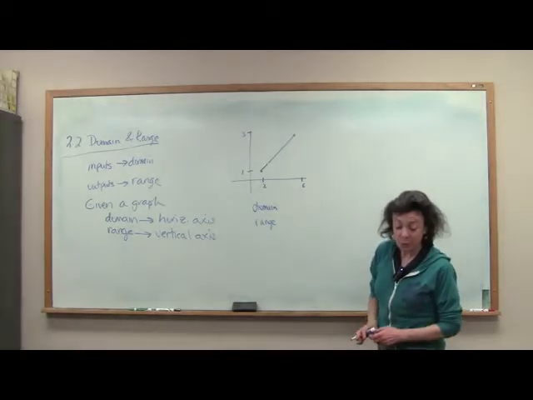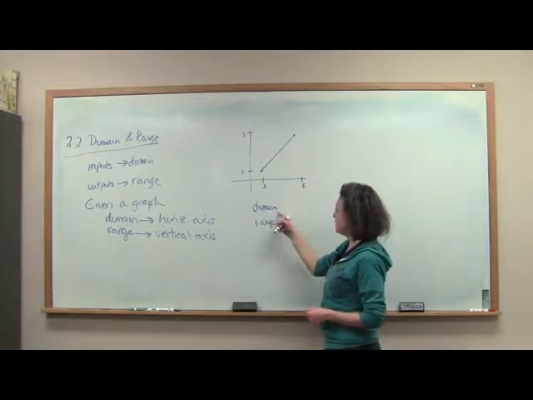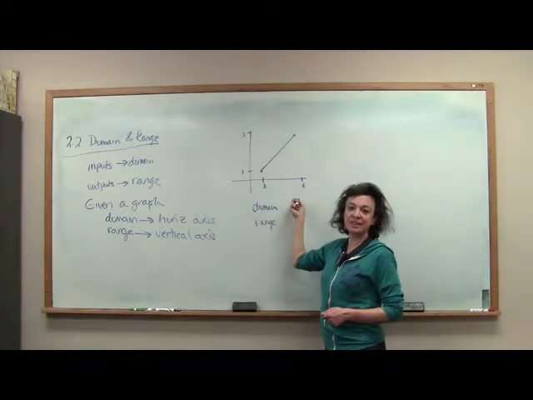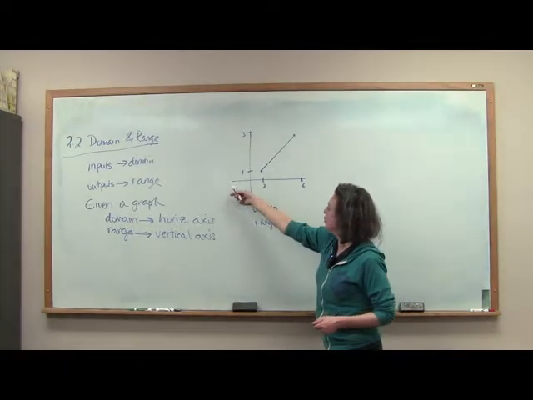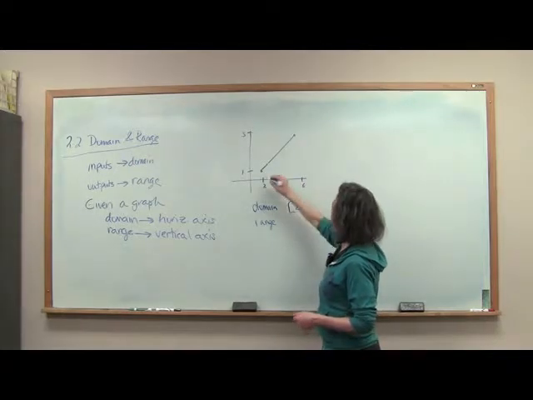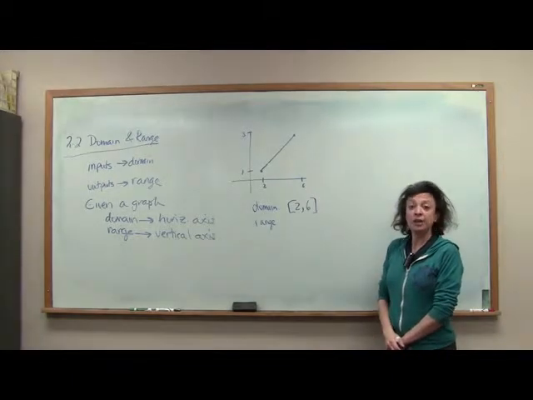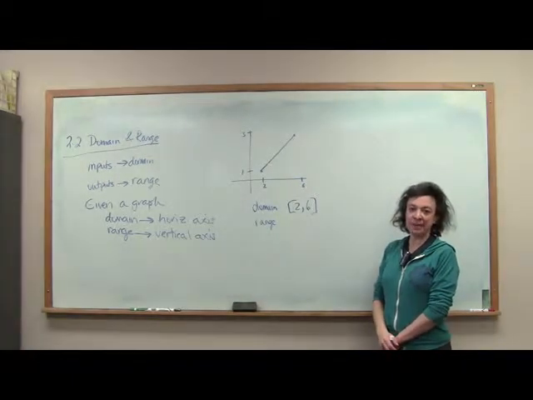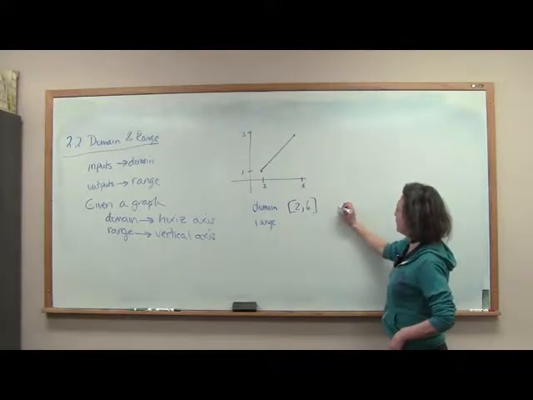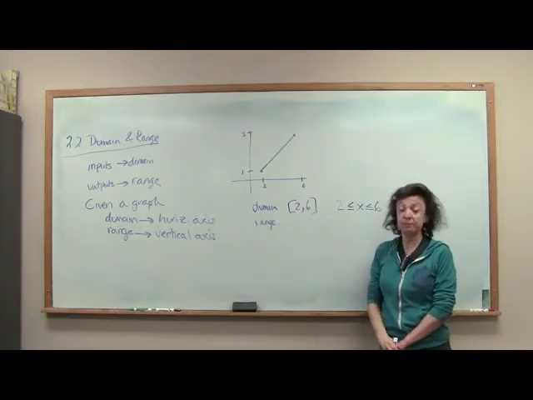When dealing with the domain, what you want to ask yourself is what values on our horizontal axis do we take on? Well, we see that the graph starts here at 2 and it goes all the way until 6. Notice I have brackets. The reason why I have brackets is because we actually take on those values. Another way we could put it is x is between 2 and 6.